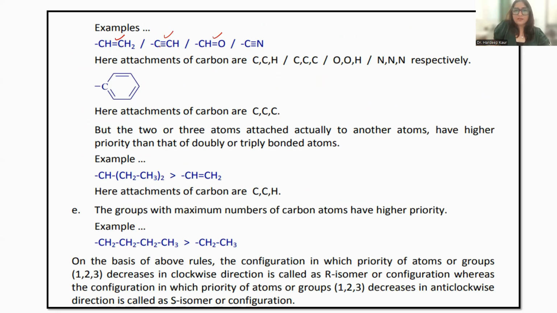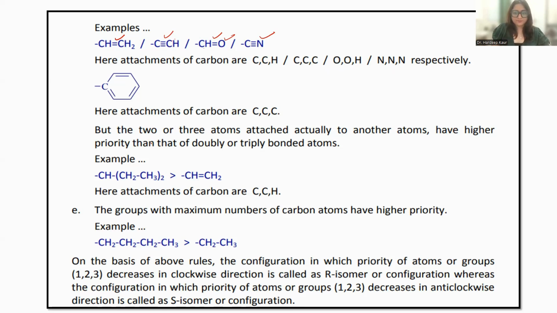Is there carbon, carbon, carbon, or oxygen, oxygen, and hydrogen? Then nitrogen, nitrogen, nitrogen, like this. Three nitrogens are attached, two oxygen, one hydrogen, one hydrogen, one carbon, like this. So there are three carbons. You have to check the priority to see whom we can give the priority.